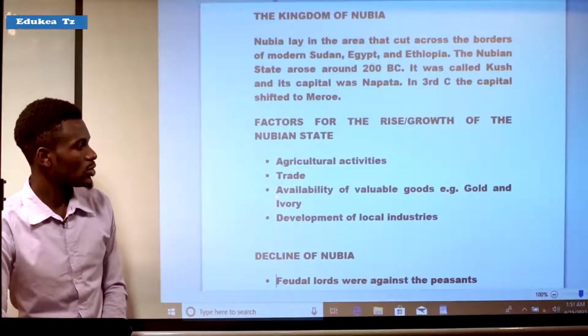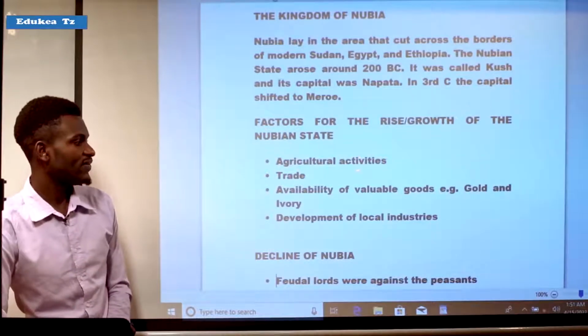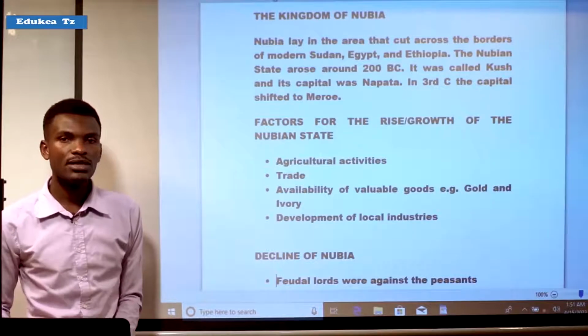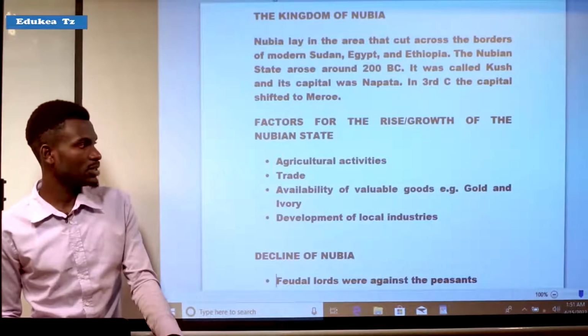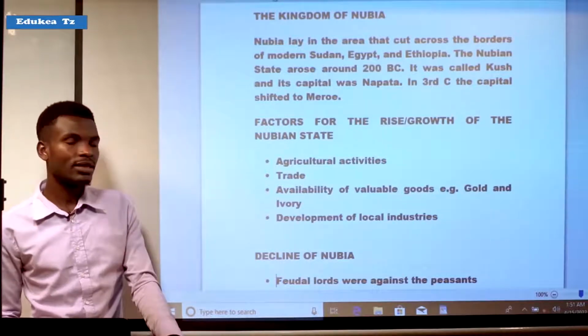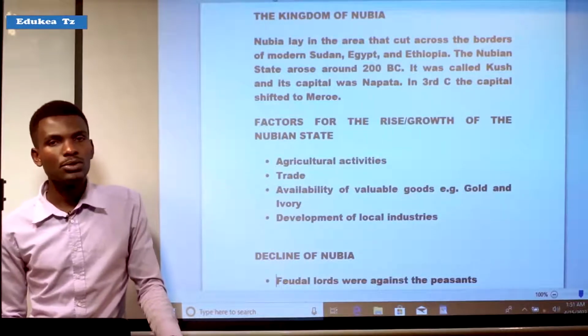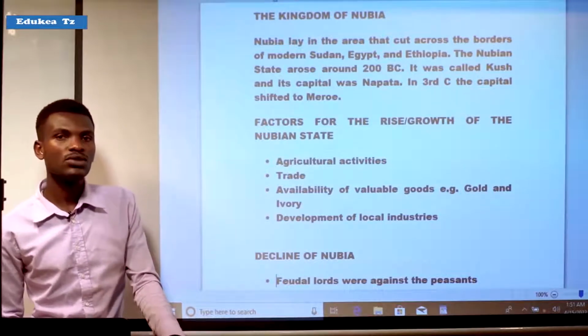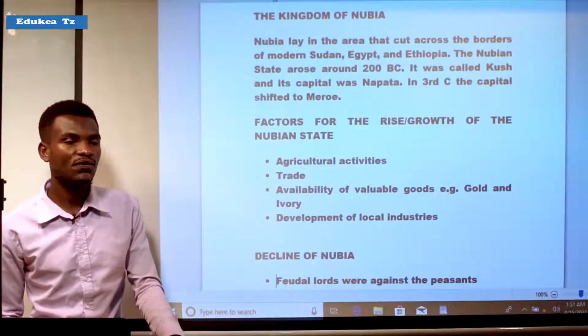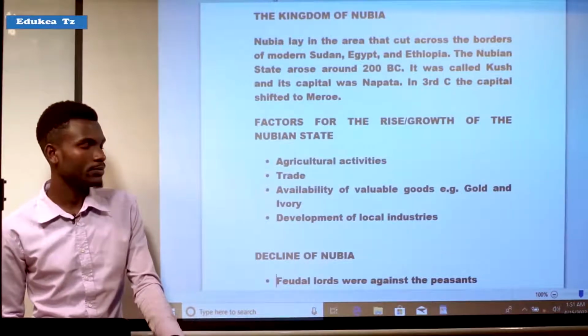The first one was agricultural activities. It means that in the Nubian state there was involvement in agricultural production that led to the availability of sufficient food to feed the population of the Nubian Kingdom.